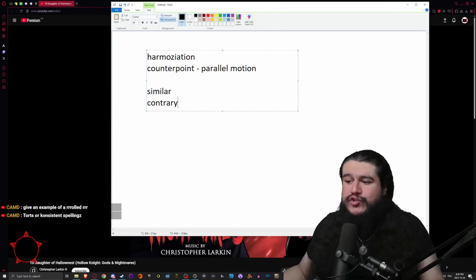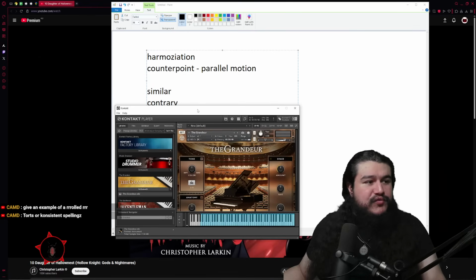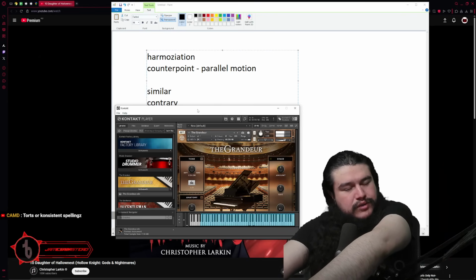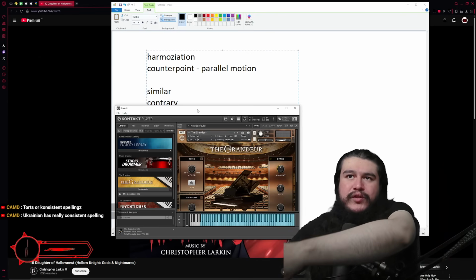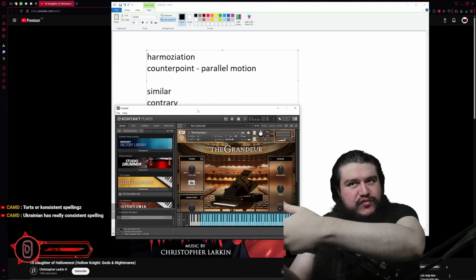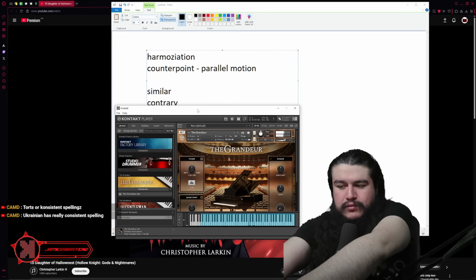Contrary motion is pretty simple. You have melody 1 going the opposite direction of melody 2. That kind of thing. Similar motion is when the starting point and the ending point might be the same, but the in-between is not exactly the same. So something like this, right?